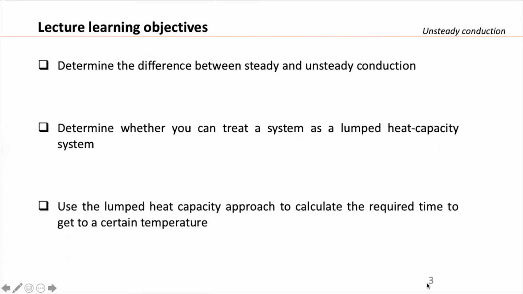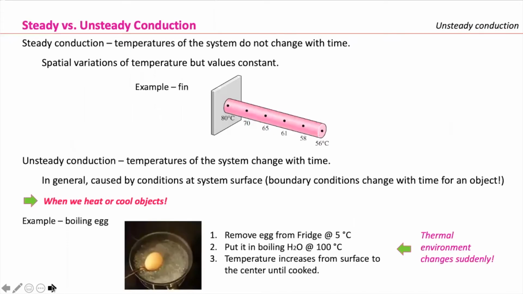So the main learning objectives for this lecture would be to determine the difference between a steady and unsteady conduction, determine if you can treat a system as a lump heat capacity system, and use the lump heat capacity approach to calculate the required time to get to a certain temperature. Because now we will have changes with time, right, unlike in steady conduction.